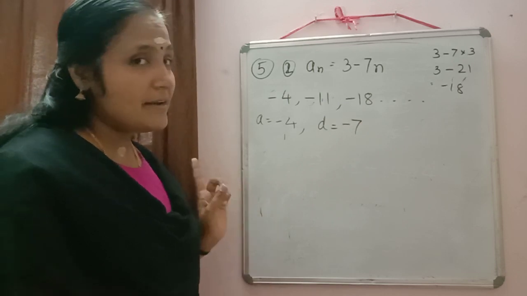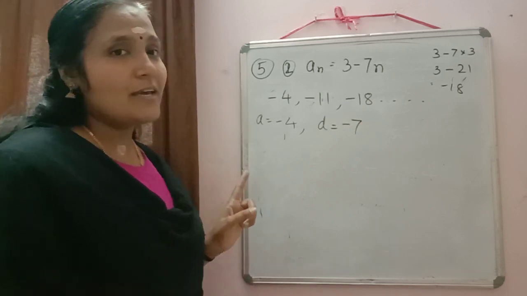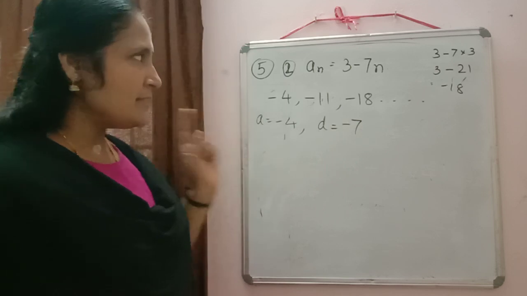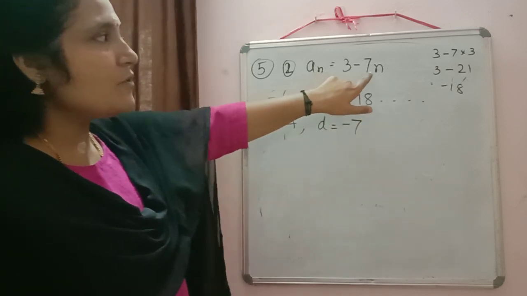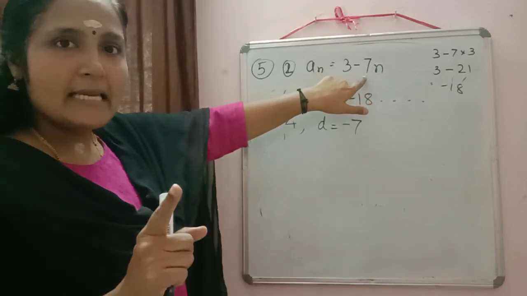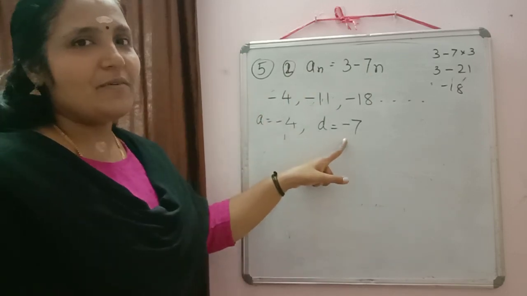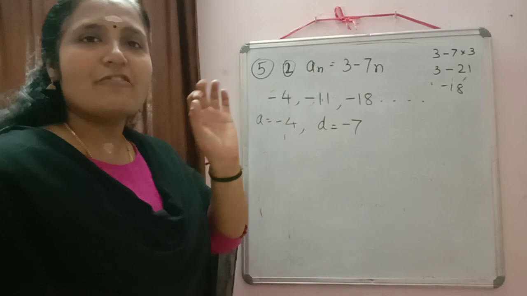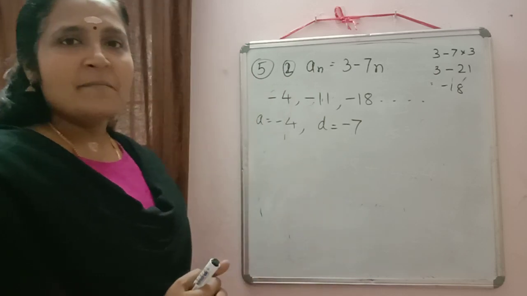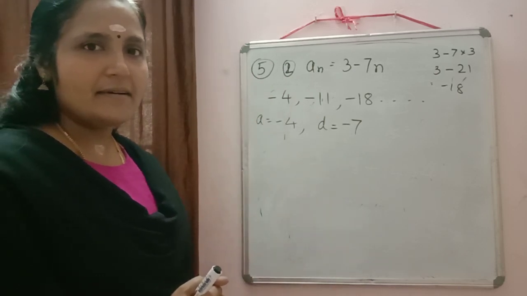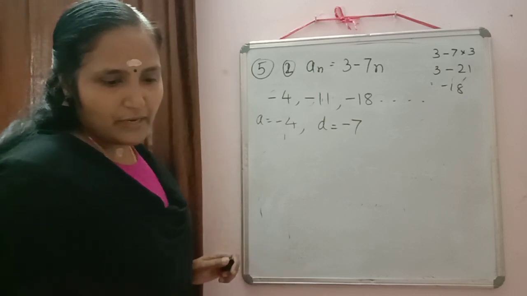And what was the common difference we got? That was also equal to 4 only. Now in this question check. What is the coefficient of n? Minus 7. And what is the common difference we got? Minus 7 only. So whatever is the coefficient of n, that will be our common difference. Clear? Okay. So now what we have to calculate?